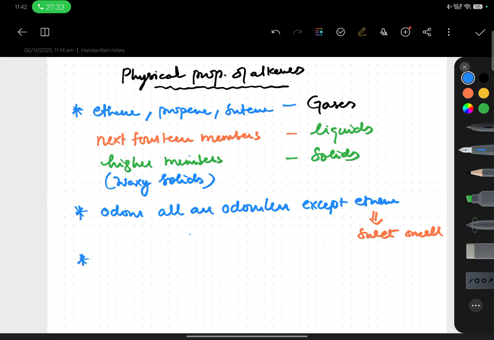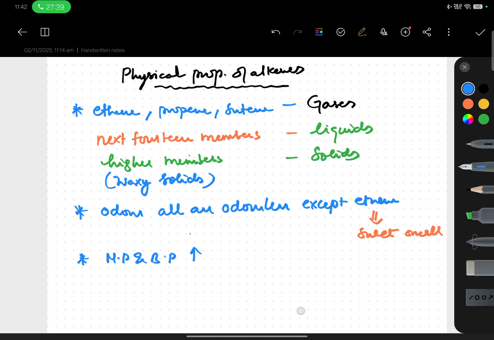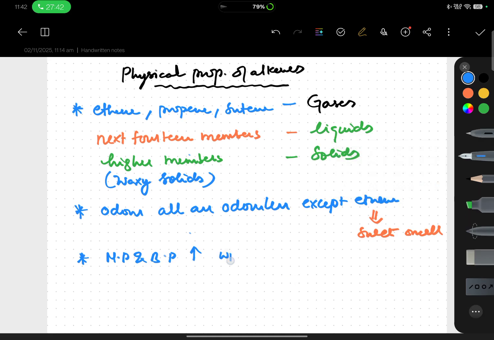Third point, their melting point and boiling point increase with increase in carbon chain.